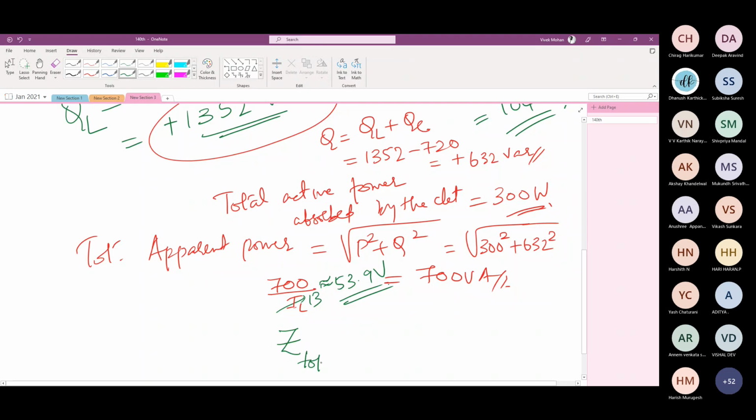Z total equals E21, that is the voltage across the terminals 1 and 2, divided by IL, which is equal to 53.9 divided by 13, which is equal to 4.15 ohms.